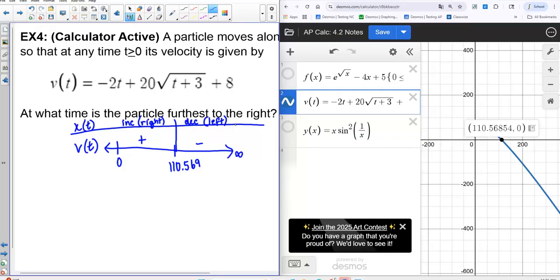So if the particle goes to the right for a while, then it turns around and goes to the left forever, when's it furthest to the right? At the turnaround spot, right? That's as far as it went. So it's only asking for the time, not the actual position, because we don't have a position formula here. So at time equals 110.569, we see that's our turnaround point, and it's our only critical point.